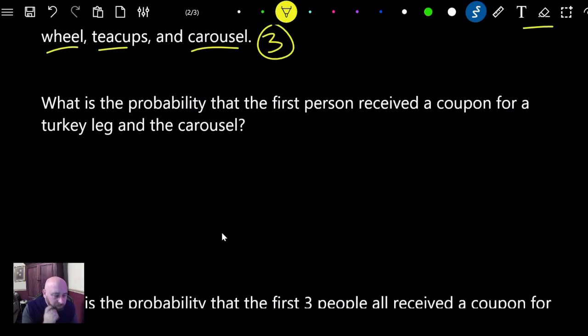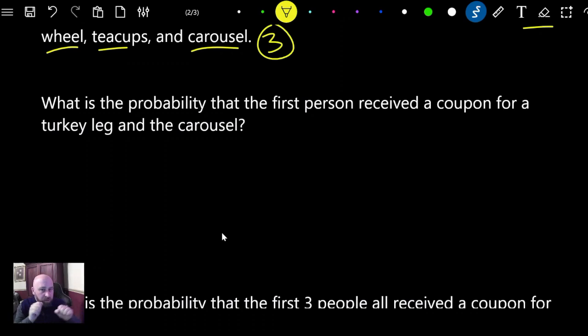Number 1, what is the probability that the first person receives, so we're only talking about 1 person. We're not talking about all 60 here. The first person received a coupon for a turkey leg and the carousel. Now remember, these are what's called independent events. Why? Because you were getting 2 coupons, 1 for food and 1 for rides.